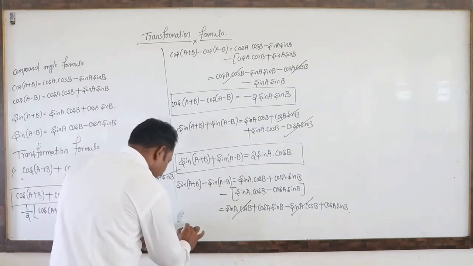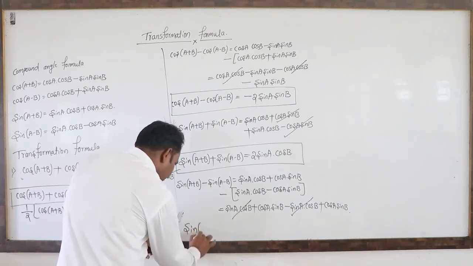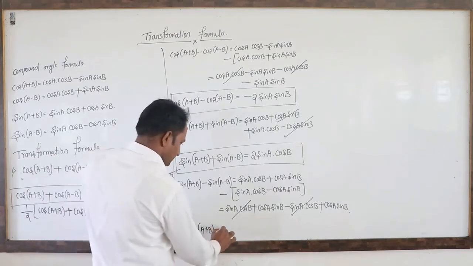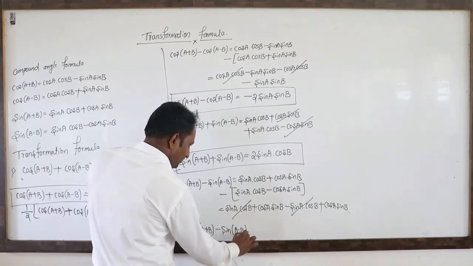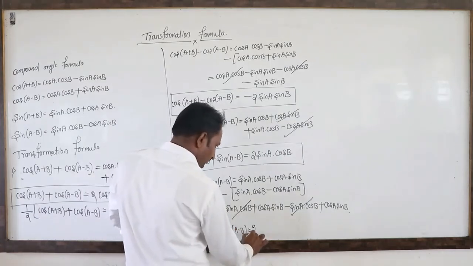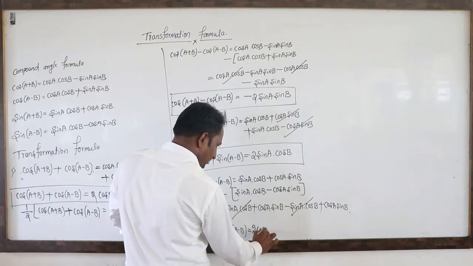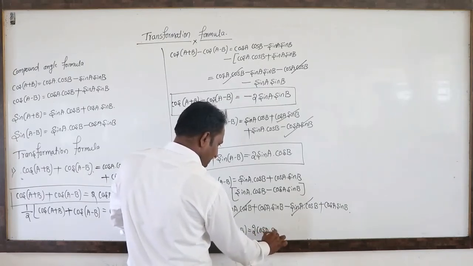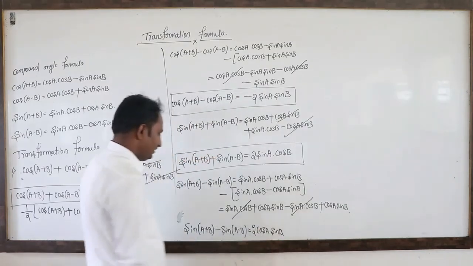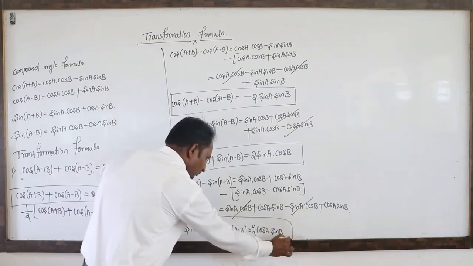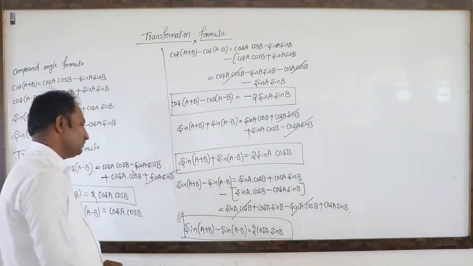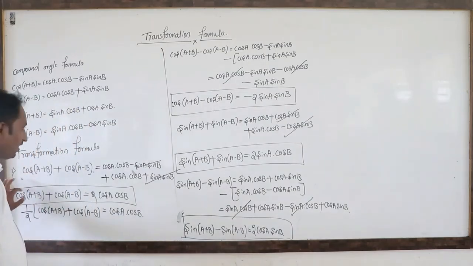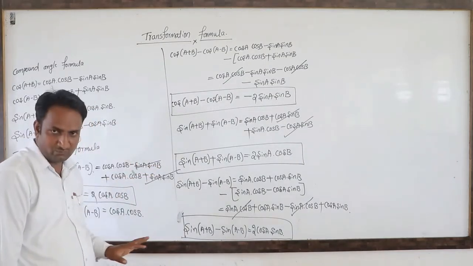That implies sine of a plus b minus sine of a minus b is equal to 2 cos a into sine b value. Here also, it's the fourth formula. From these, here we can remember 1, 2, 3 and 4.